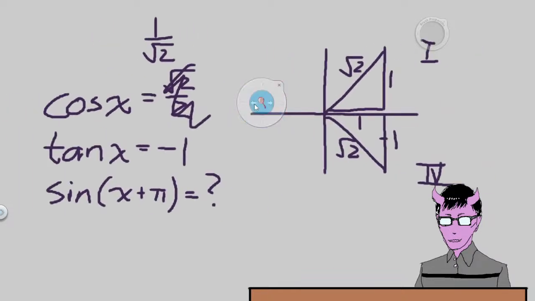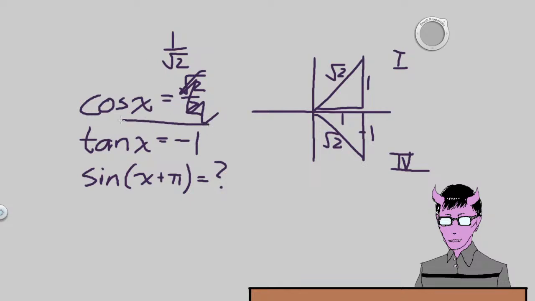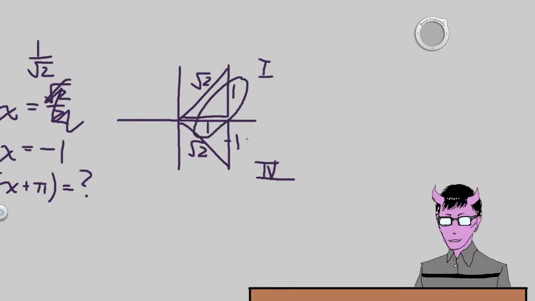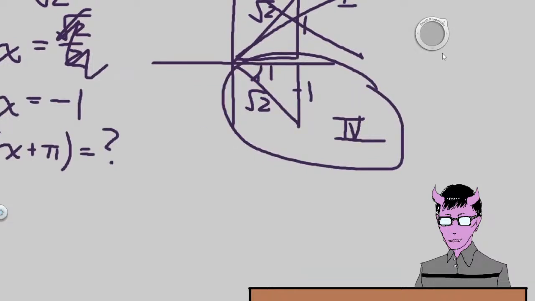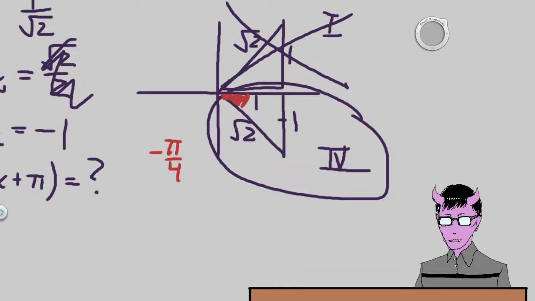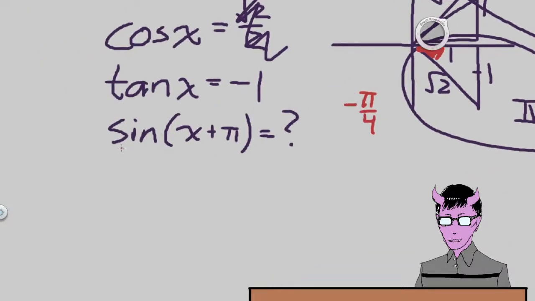Okay. So we finished considering the first statement, and now consider the second statement. Tangent of x gives us a -1. The tangent for the reference triangle in quadrant 1 will give us positive 1. So we know this can't be the right one. So this one must be the correct reference. What's that angle right there? That's going to give us -pi/4. Again, no real need to consider the coterminal angles since we're just applying a trig function to the base angle.